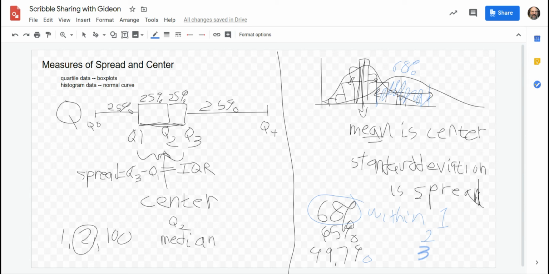But you better not draw 32 over here because no, there's two sides. There's two sides, right? So don't forget, your leftovers are split in two. So I'll just put a scribble here, right? It doesn't matter what the center is. If we had a 2 deviation measurement, 95%'s in the center. And so more than 2 above and more than 2 below would have to share the 5% equally, 2.5% each. Same for the 3 deviations.